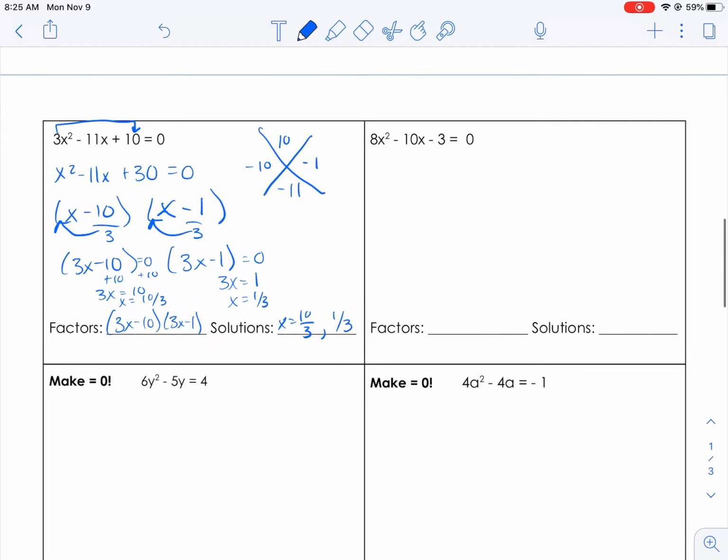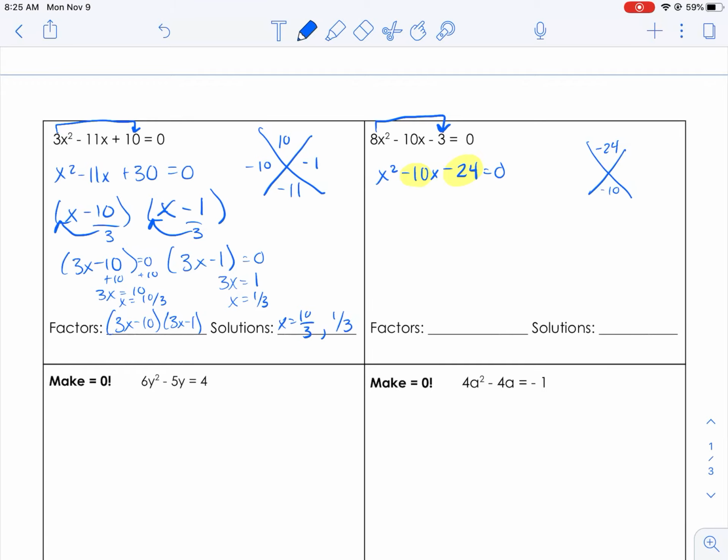Alright, last example like this, we're going to slide our 8 over and multiply. So we've got x squared minus 10x minus 24, because 8 times 3 is 24. And we want our factors of negative 24 that add to be negative 10.